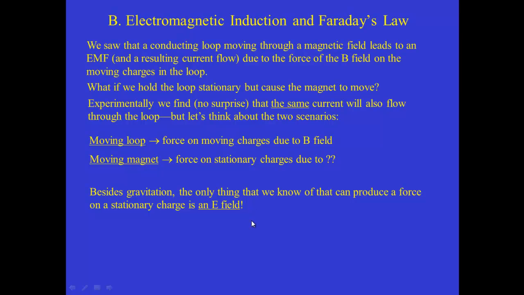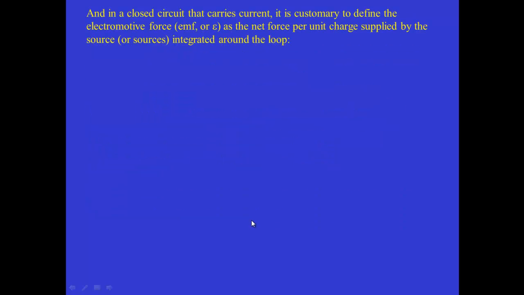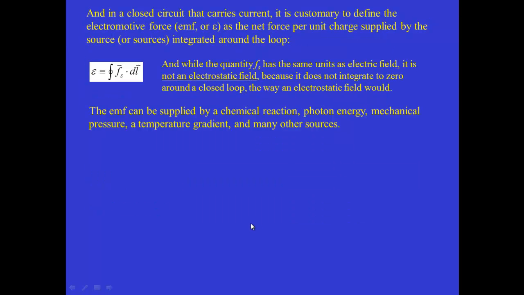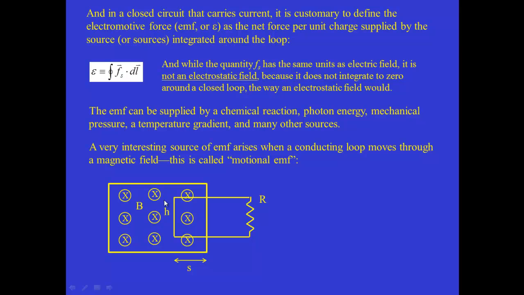field. And so let me just go back to one of the previous slides to remind you what this looks like. Here was the case of a loop of conducting wire moving to the right through a region where there is a magnetic field. And what we're saying is, if instead the loop is held fixed and the region where the magnet is located, or the magnet itself is moved to the left, we get the same thing happening.